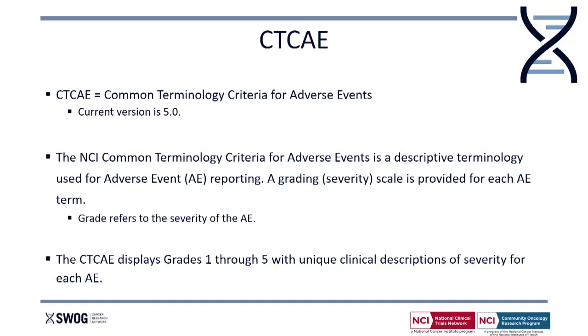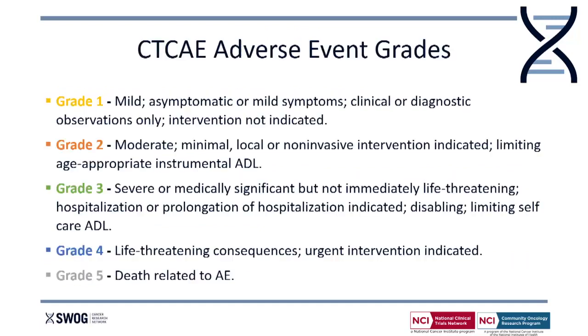And the CTCAE has grades 1 through 5, but it is important to note that not all AEs listed will have all grades. And this is a repeat of what Gabby just presented, but just a reminder, grade 1 is considered mild, grade 2 moderate, grade 3 severe, grade 4 is life-threatening, and grade 5 is always death.